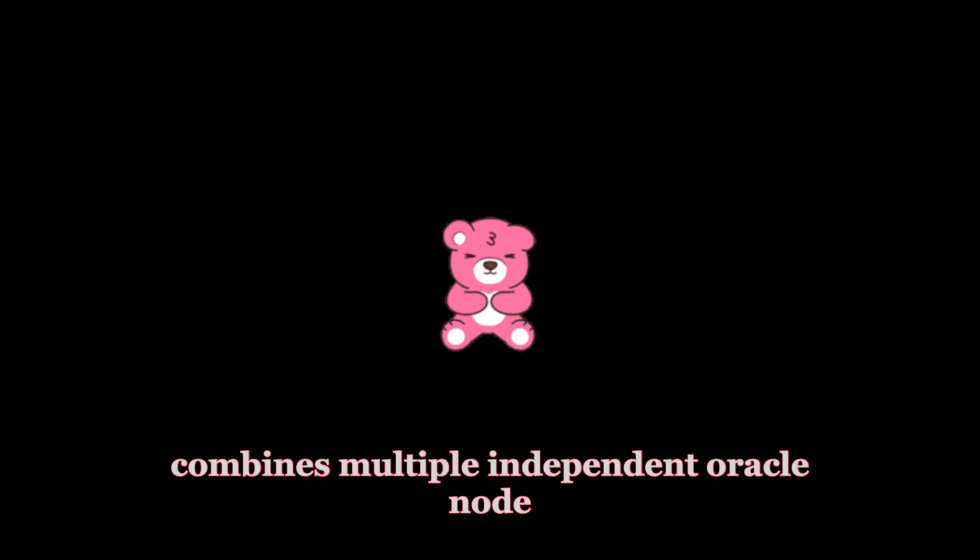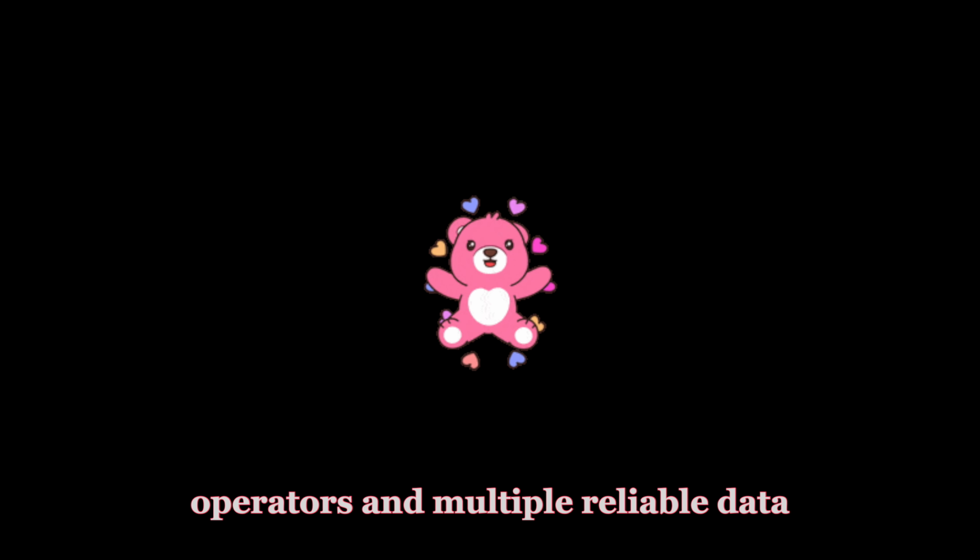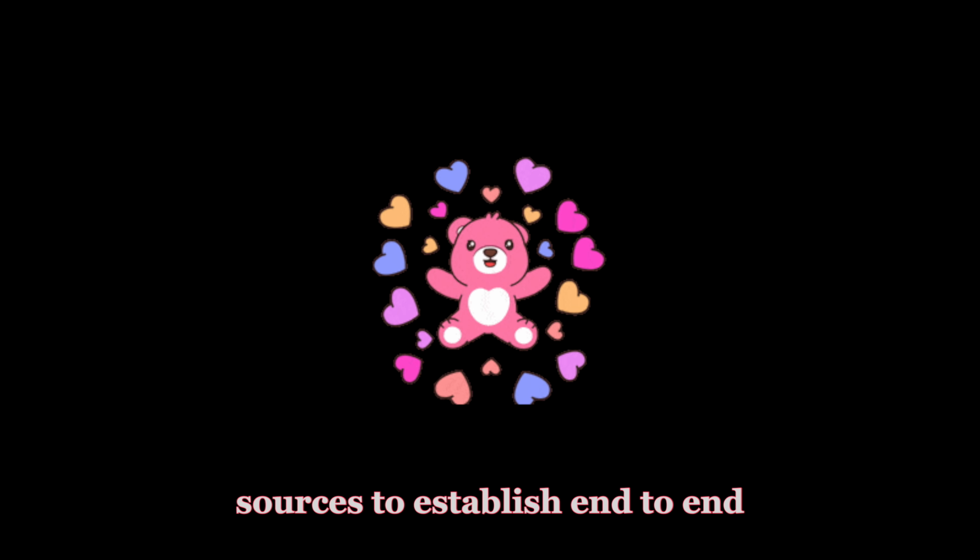Now let's talk about how these decentralized oracle networks actually run and the fundamentals behind it. A DON combines multiple independent oracle node operators and multiple reliable data sources to establish end-to-end decentralization. And you guys, the most adopted and most important DON is going to be Chainlink, which is linked to a cryptocurrency known as Link, okay?